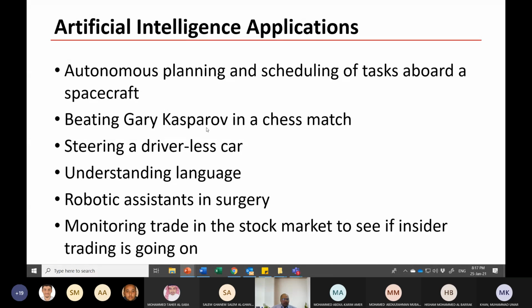You can have gaming, artificial intelligence in gaming, and also steering a driverless car.